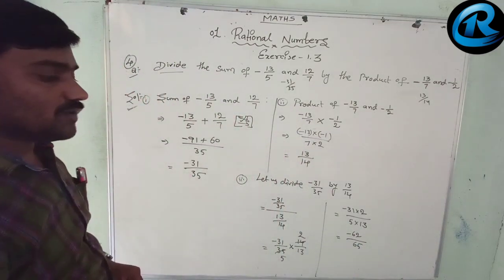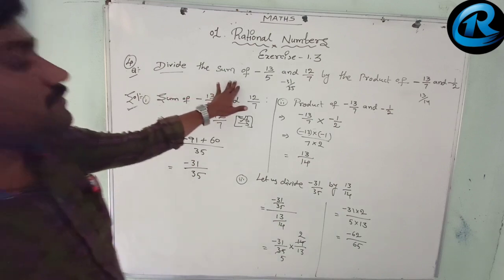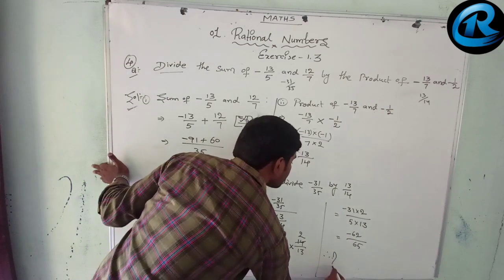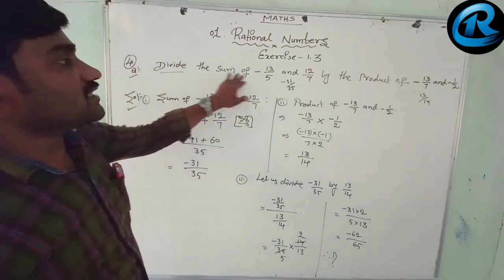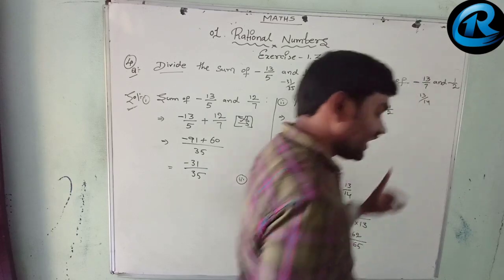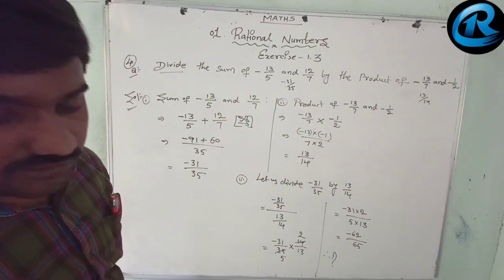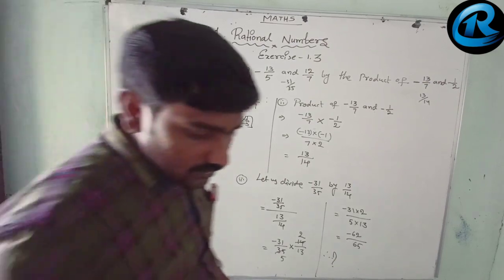Okay, minus 62 by 65. Therefore, when we divide the sum of these two numbers by the product of this, we get minus 62 by 65.